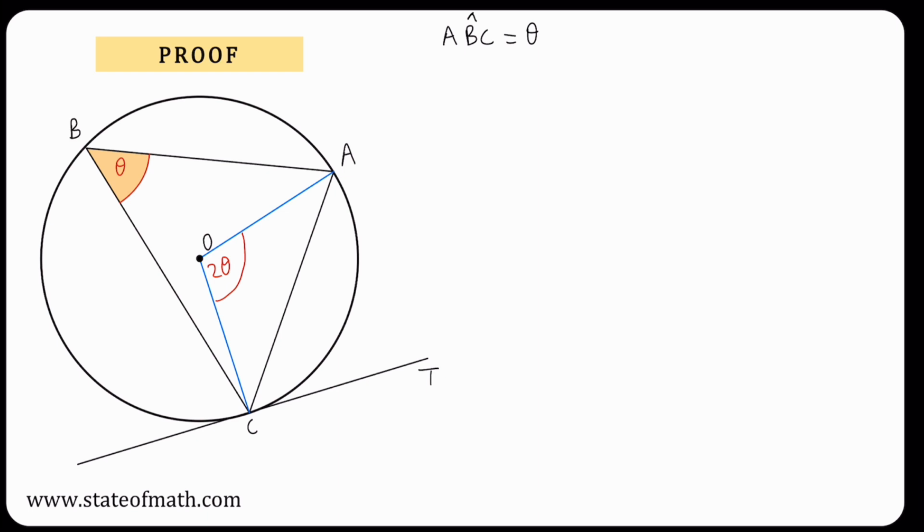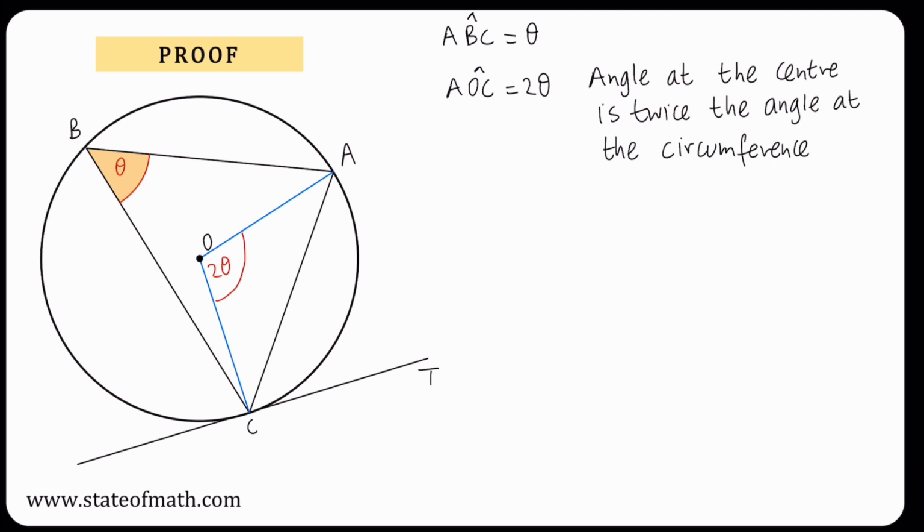So we have that AOC is equal to 2 theta. Remember, we're providing reasons here because we're constructing a proof, and we've got that the angle at the center is twice the angle at the circumference. We can then proceed to find an expression for angle OCA. Remember that the triangle OAC here is an isosceles triangle because OA and OC are both radii.